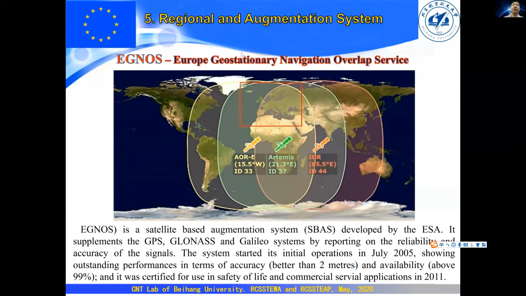That is the European Geostationary Navigation Overlay Service, provided by ESA, the European Space Agency.